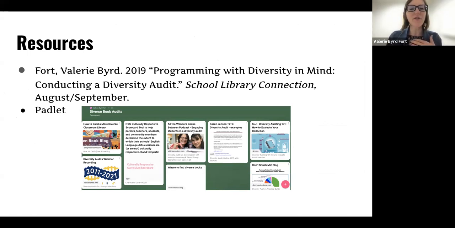So first, for resources, I wrote about what I did for Cockey's Reading Express in the August-September School Library Connection issue. So I've got that cited here so that you can get that and look at that. And I do go step by step into how I conducted my diverse book audit.